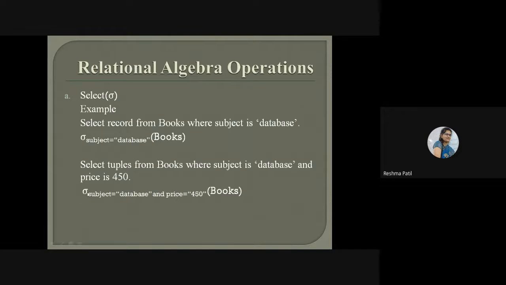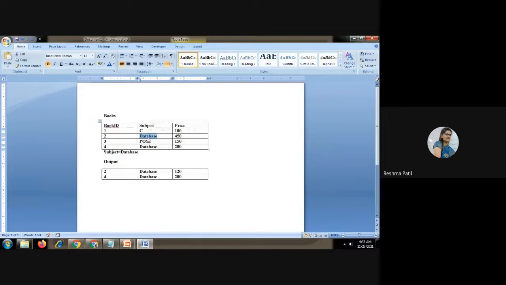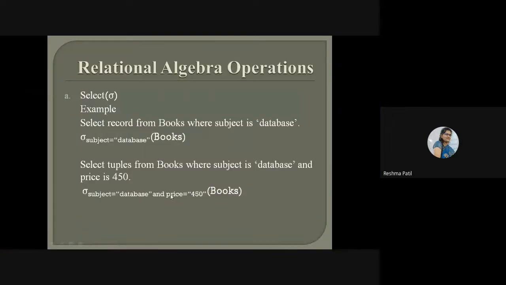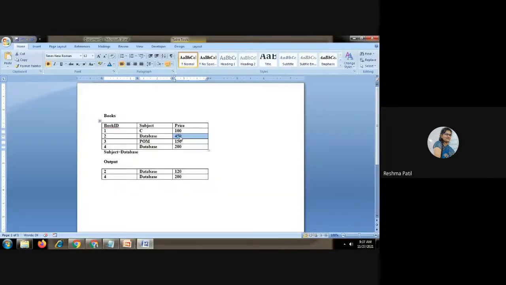So here, while selecting records from the books table, it will check first whether subject name is database. Yes, subject name is database, right. But as well as subject name, we have to check the price also. Price is equal to 450. If both are matching, then it will show this record, 450.